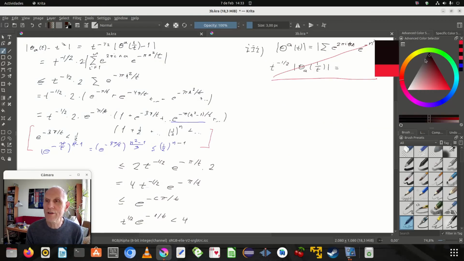So instead of this, we use the reciprocal and take 1 divided by square root t outside the parentheses.